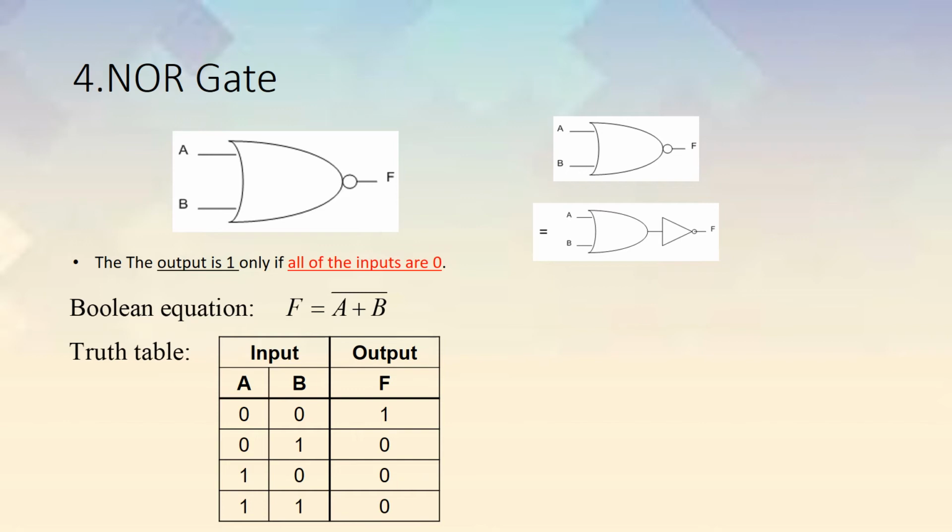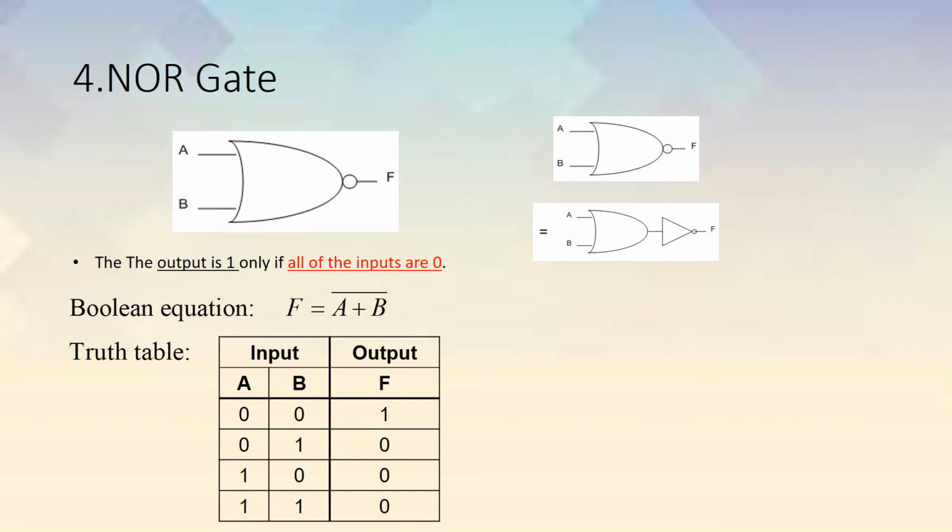If A is 1, B is 1, if we add A and B, we get output 0, because based on the equation, A plus B inverse. If not the same, for example A is 0, B is 1, we also get output 0. So understand that.